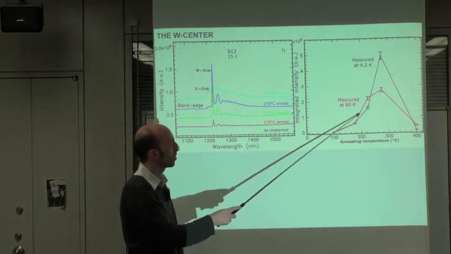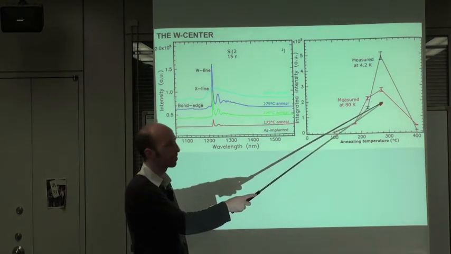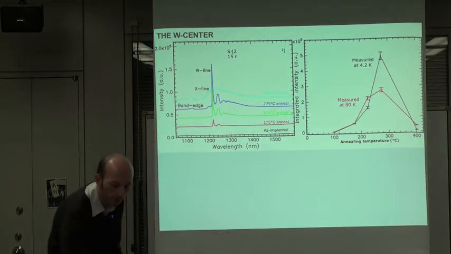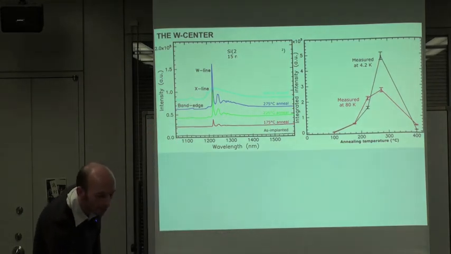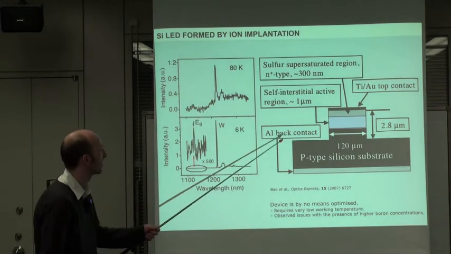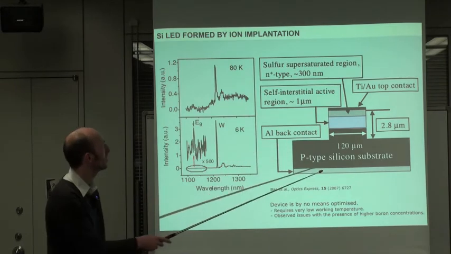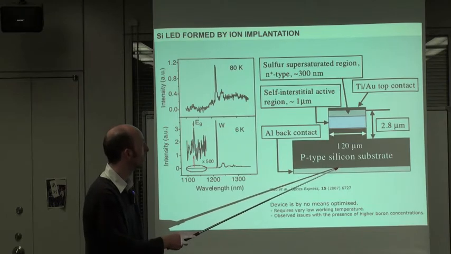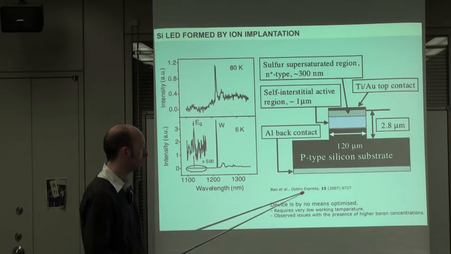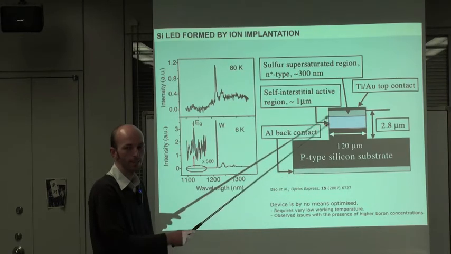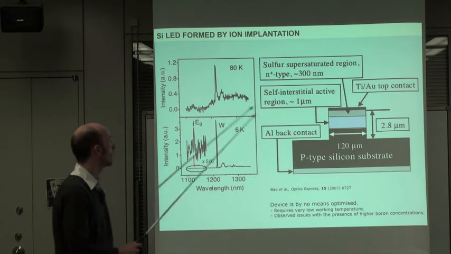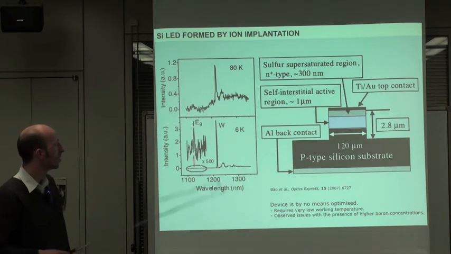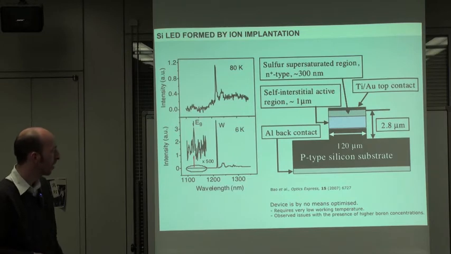So we've maximized the luminescence here at 275 degrees. My slides are a bit mixed up, but this is the motivation for our work. This is the Optics Express LED demonstration of W-line electroluminescence.